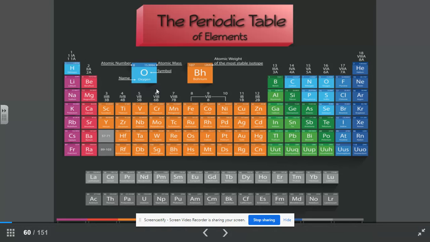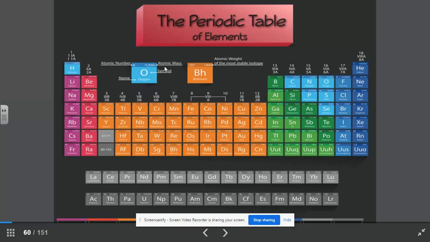And remember I said that you can look at each box and you can get a lot of information from this one little box. So this is, for example, oxygen and it's enlarged for you so that you can see it. Up here, we have the number 8. So the atomic number is 8. That means there are 8 protons in the nucleus. The symbol is an uppercase O. We also have the name, oxygen, and then the atomic mass is up in this.